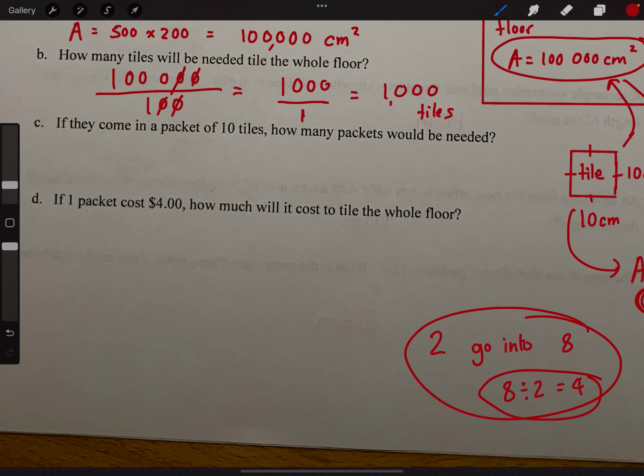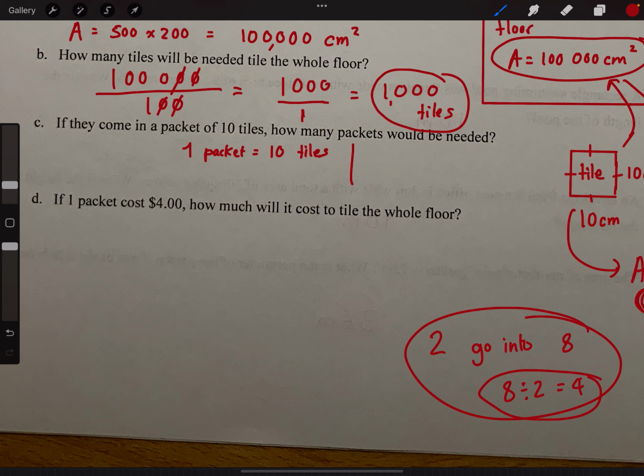Question C, if it comes in packs of 10, how many packets will be needed? So one packet is going to have 10 tiles. How many packets do you need? Well, we need 1,000 tiles and each packet is 10 tiles.